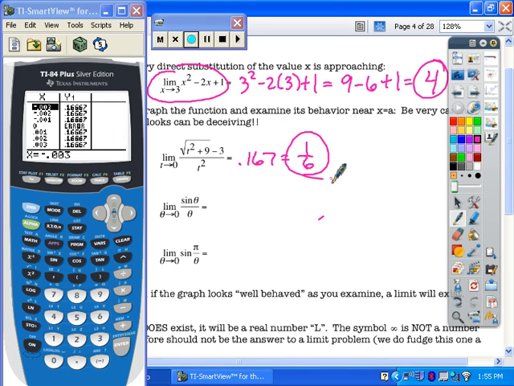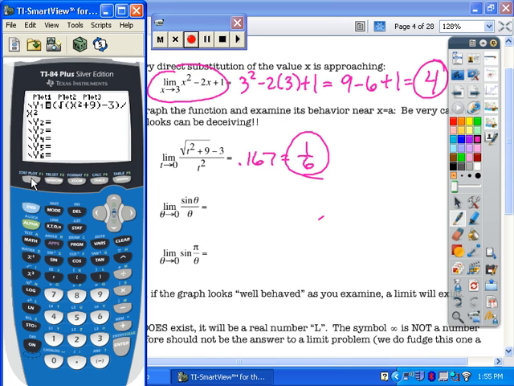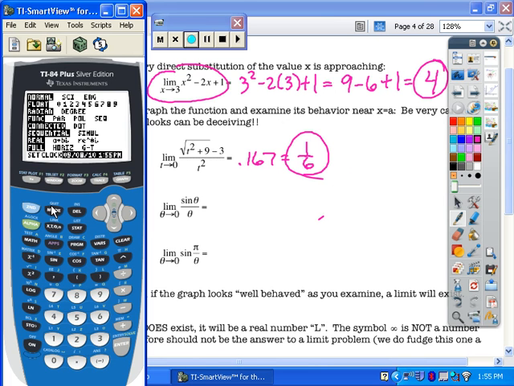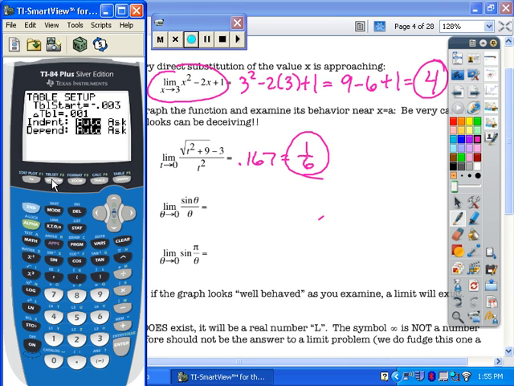Next one, again, it's something that we really can't use direct substitution on. So we plug it into our calculator and do the same thing. We type in the sine of x divided by x. Make sure you ended the parenthesis first. Make sure that you're in radians because it's a sine curve. Set your table up so it starts at 0 and goes up really small.